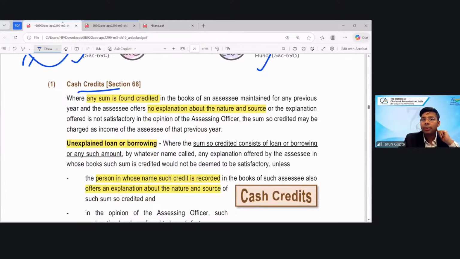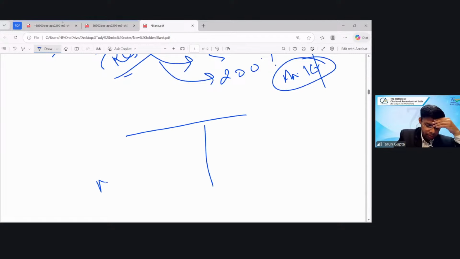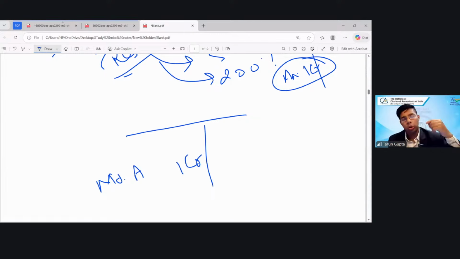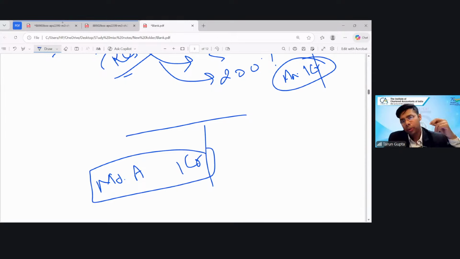Now, if such credit is in the nature of loan or borrowing, then you need to explain the source of this loan. Assuming in your balance sheet there is a loan from Mr. A, rupees 1 crore. So you explain the source: it was a loan taken from Mr. A through a banking channel. But this is not the end of the story.